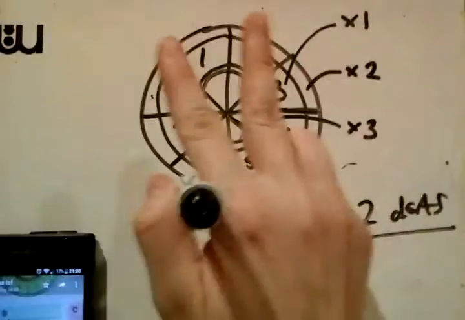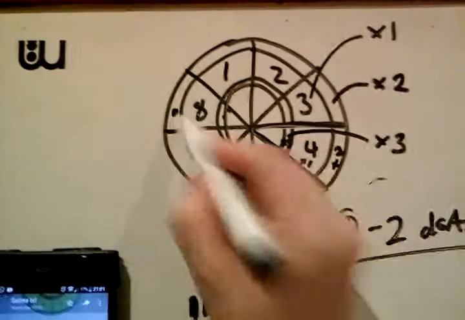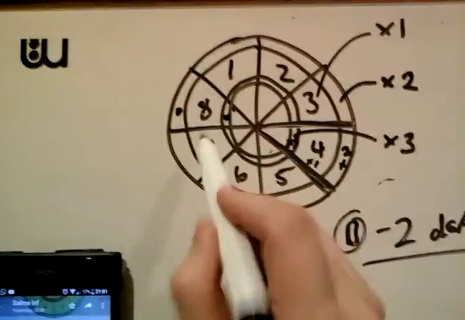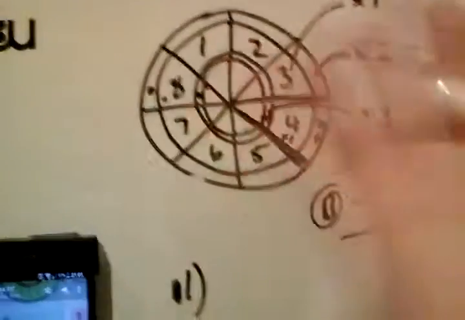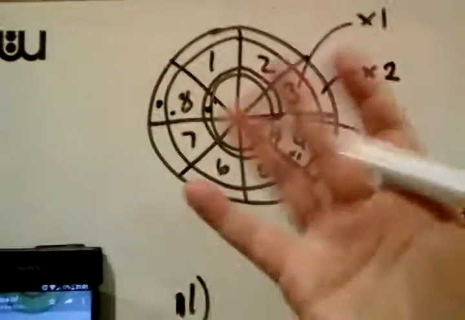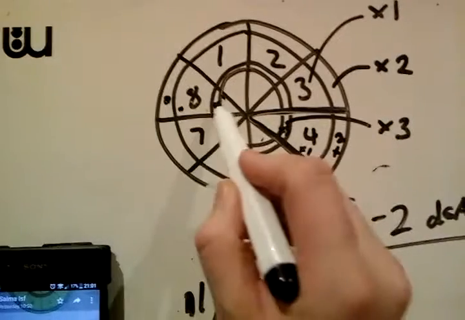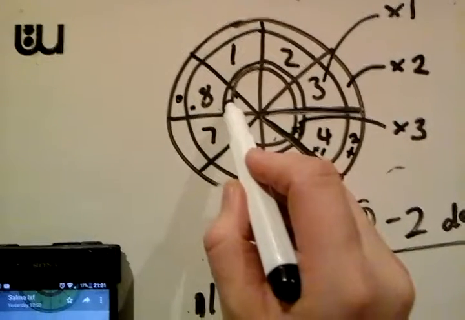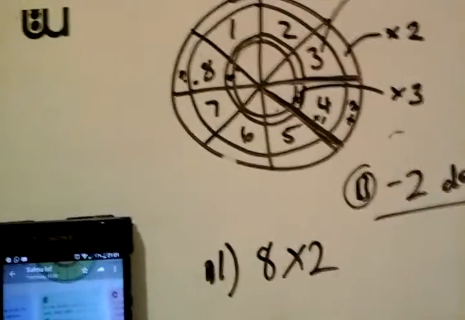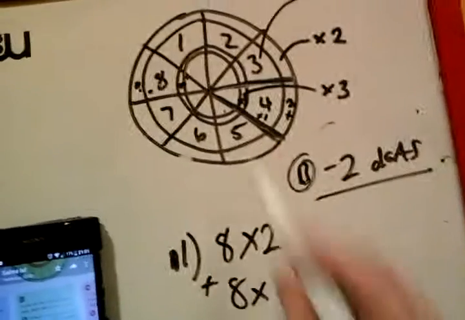Now if I use 2 dots, I put 1 dot here and 1 dot here. Why? Because if I put it in the middle, it's only times 1, it's only going to give me 8. I want the maximum number. So this is times 3 and this was times 2. So 8 times 2 plus 8 times 3.